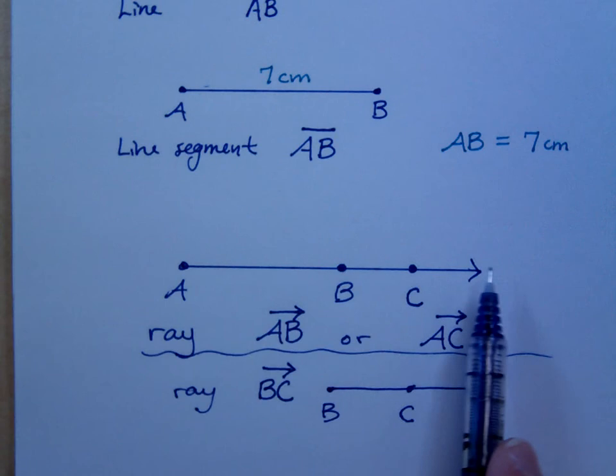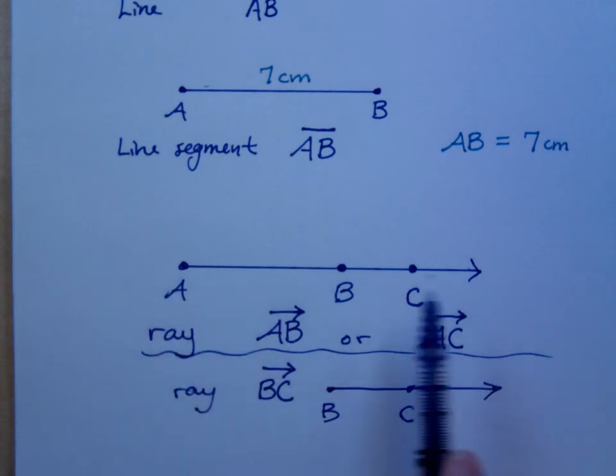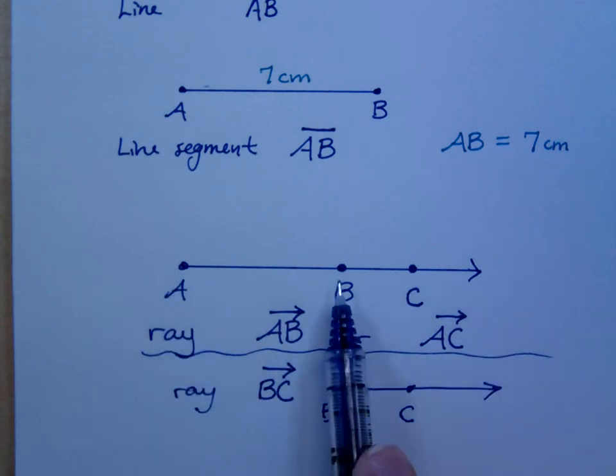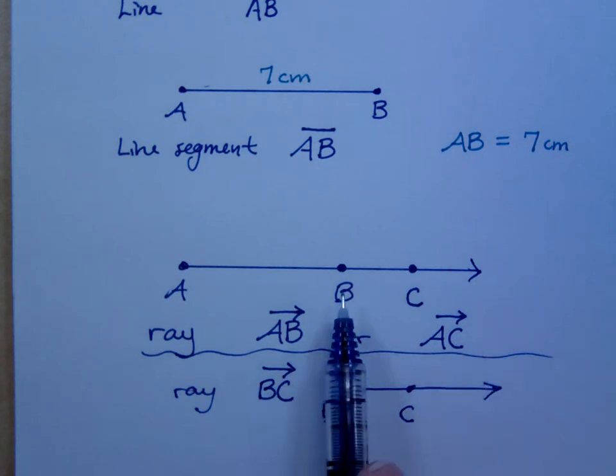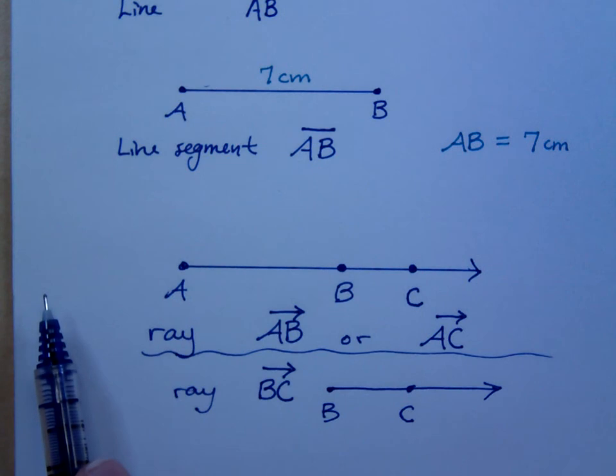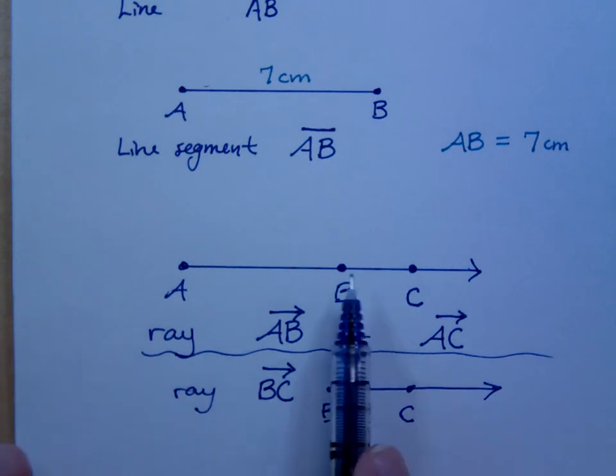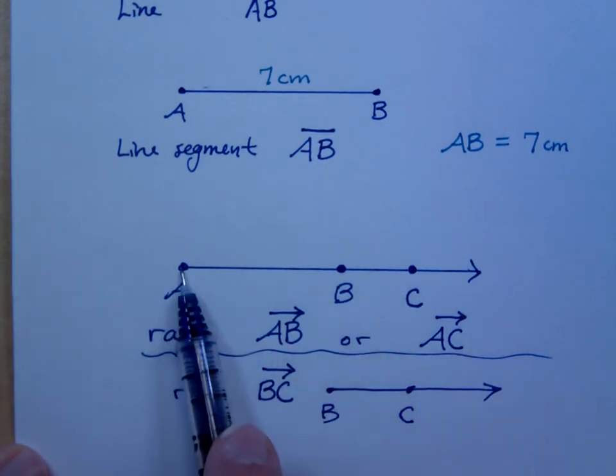So AB or AC goes all the way to the right, starting from A, and BC goes from B all the way to the right. Could I talk about ray BA in this diagram? Could I start at B and go through A? No, because my shape stops at A, right? So there's no such thing as ray BA.